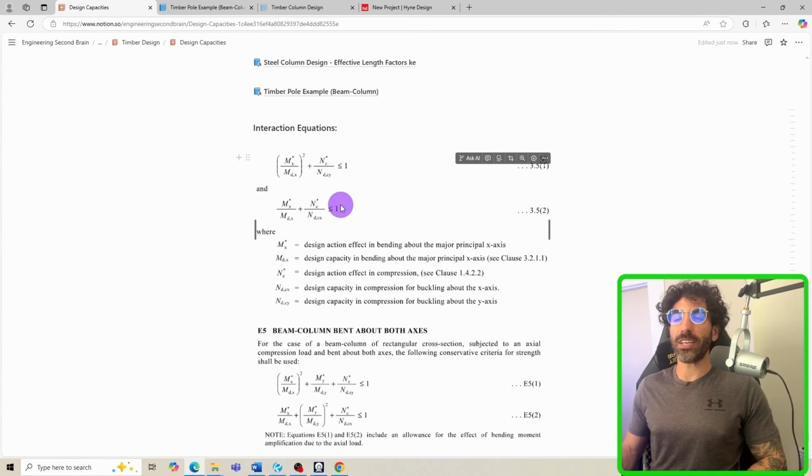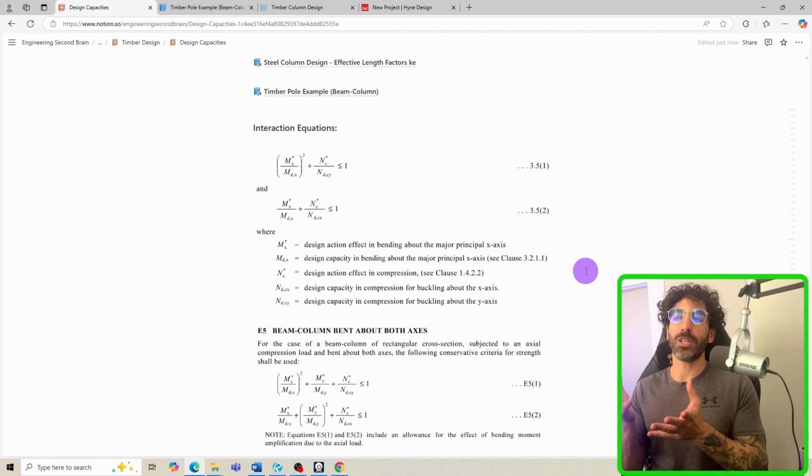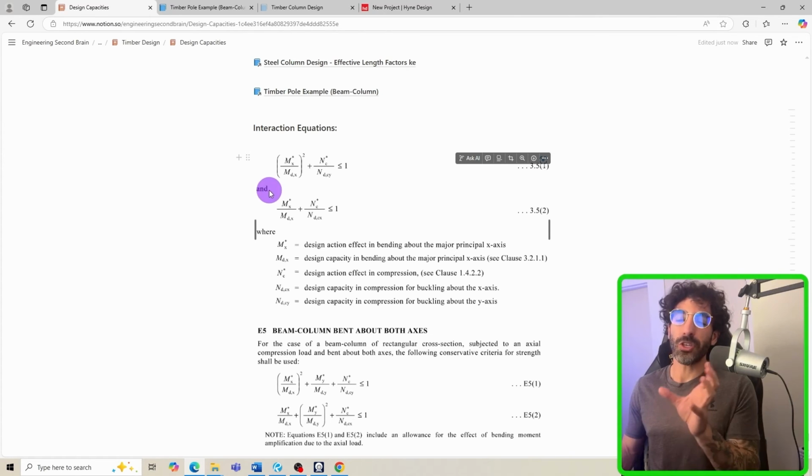And the interaction equations, they're very similar to the steel design as well. It's basically a ratio of the design actions to the capacity, and that has to be equal or less than 1. Essentially, what these equations are telling us is that you cannot let either effect reach 100% of its capacity on its own. So you can't have 100% of the bending capacity utilization and then 100% of the capacity utilization for compression as well.